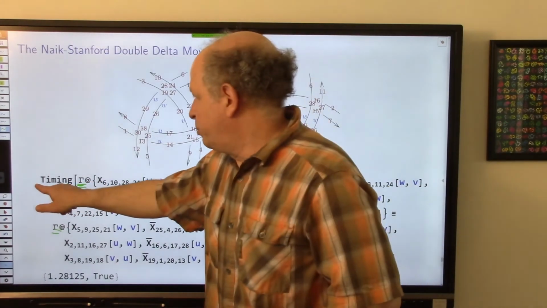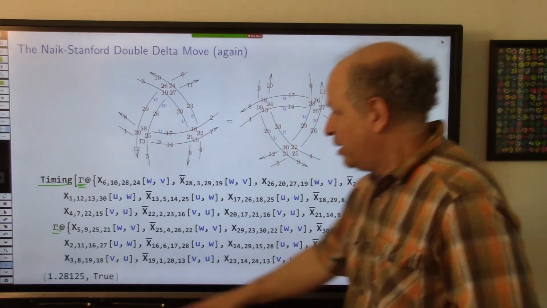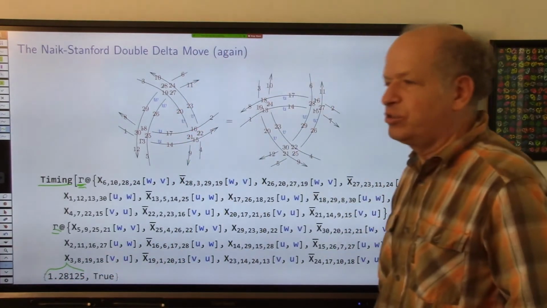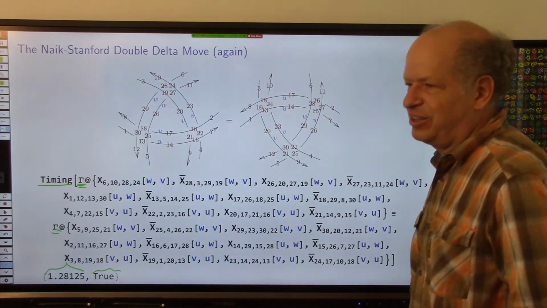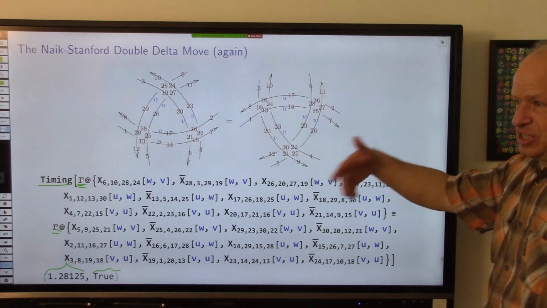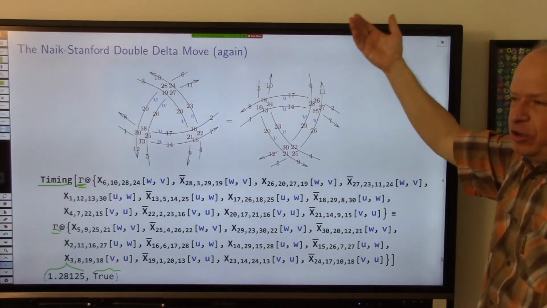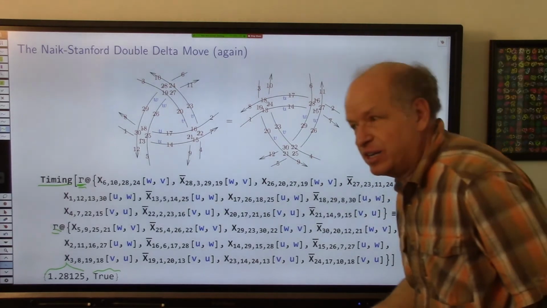And I ask the computer to print the output along with the timing. And now it went down from 250 seconds to 1.2 seconds. And the answer is that the relation still holds. And the savings came because we switched from the full exterior algebra to the part of it which is merely quadratics.